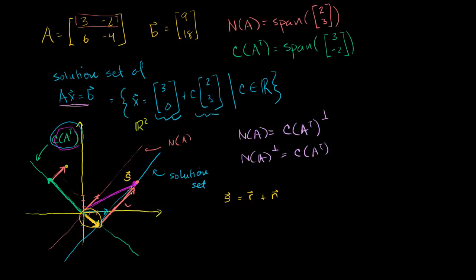This is the row space, that is the null space. And so by the definition of a projection onto a subspace I just gave you, we know that the projection onto my row space of my solution is just equal to this first thing.